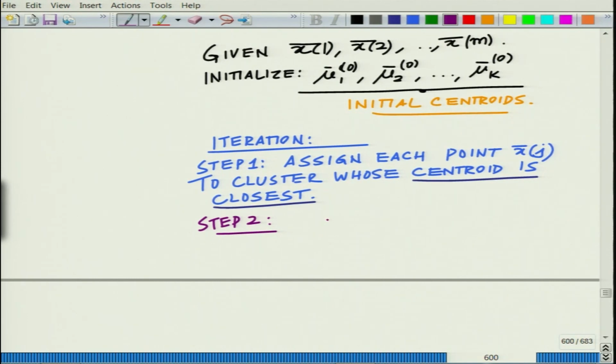Step 2, for each cluster recompute the centroid as the mean or average of all points assigned to the cluster.